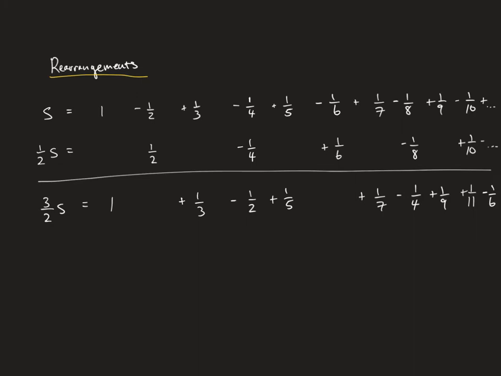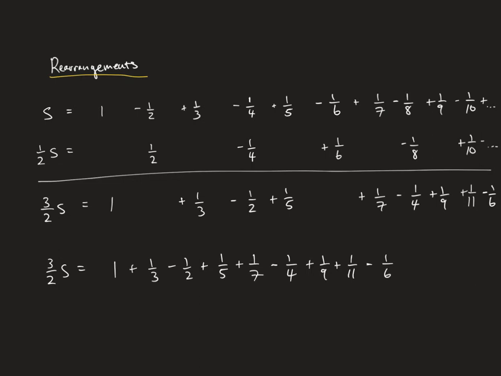And so what you notice here is that the sum of these two is 3/2 of whatever the original S sum was. But if we write this 3/2 S sum more compactly, it's 1 plus 1/3 minus 1/2 plus 1/5 plus 1/7 minus 1/4 plus 1/9 plus 1/11 minus 1/6.